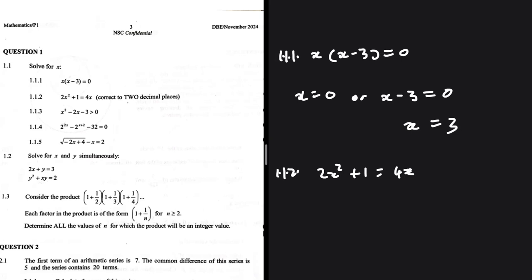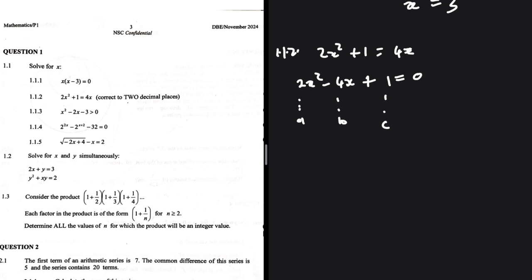So to write this in the standard format, we would have 2x squared minus 4x plus 1 being equal to 0. So this is a, this is b, and this is c. Right. So now we're going to say that x is equal to minus b.